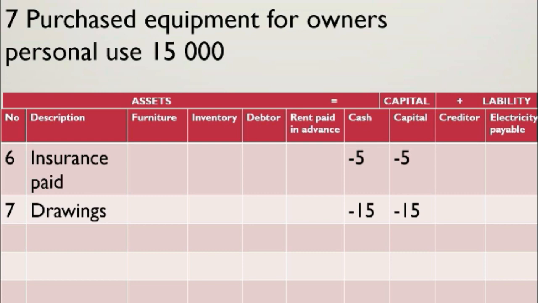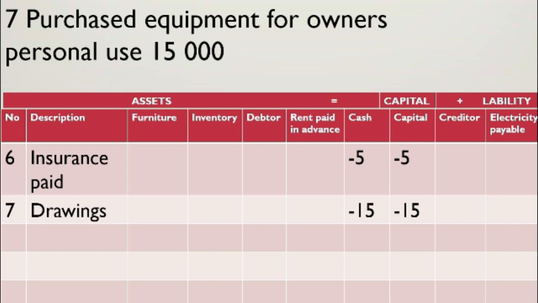So his ownership will also reduce by 15,000. When the ownership is reducing, we have to deduct 15,000 from capital column because all owner related matters are adjusted in the capital column. So when there is a drawing, we have to deduct from capital. Here the business is paying by cash, so we are reducing cash column by 15,000.